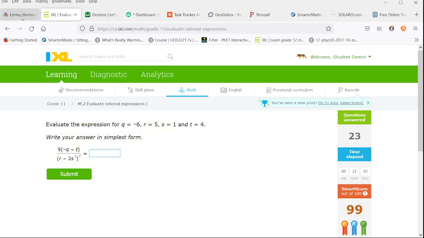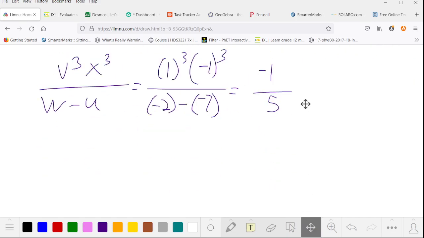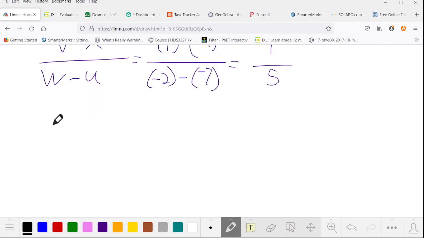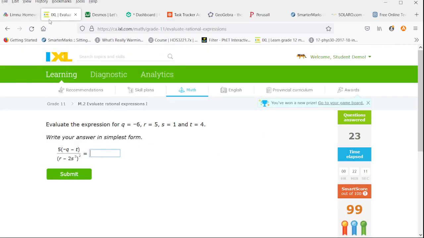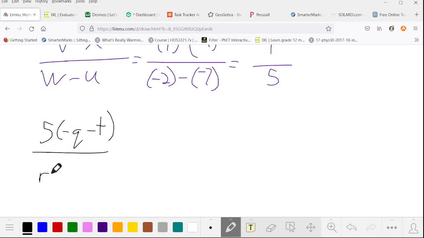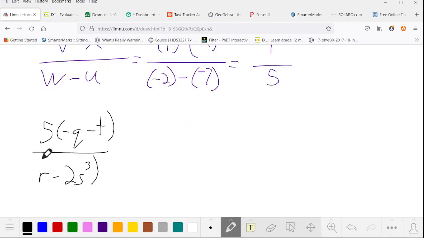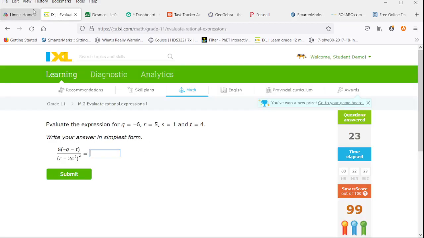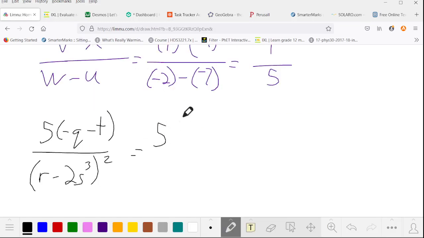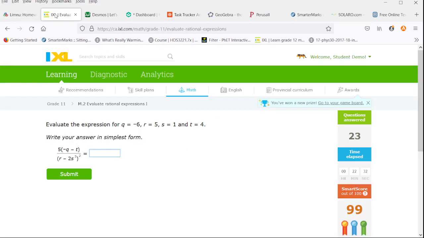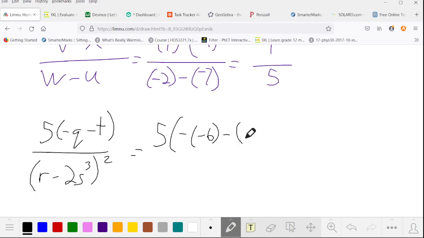All right. Now our next one. We had 5 times negative q minus t over r minus 2s cubed, and that whole thing is squared. Now for our substitutions, our q is negative 6 and our t is 4.